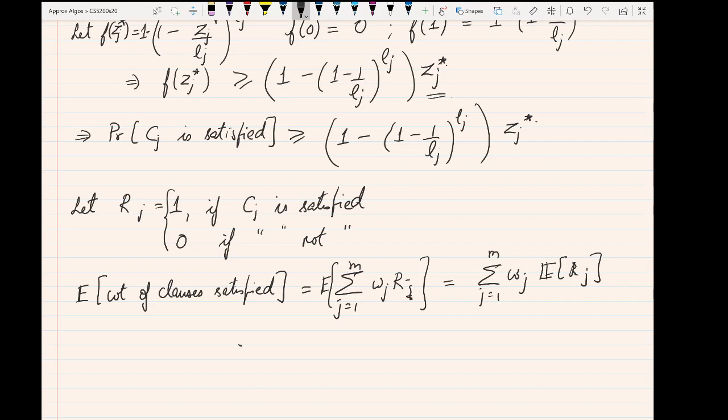So this is greater than or equal to, we'll just substitute the expression above.